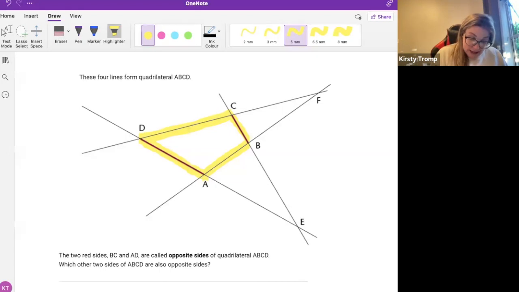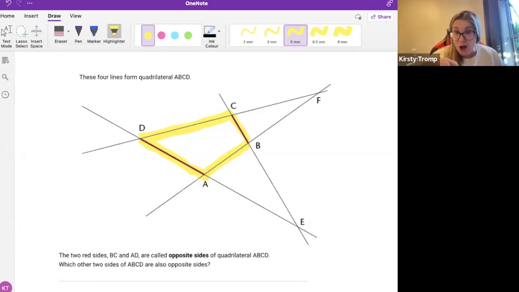The two red sides, BC and AD, are called opposite sides of the quadrilateral. Which other two sides, AB, CD, are also opposite sides? So which other two sides are also opposite sides?